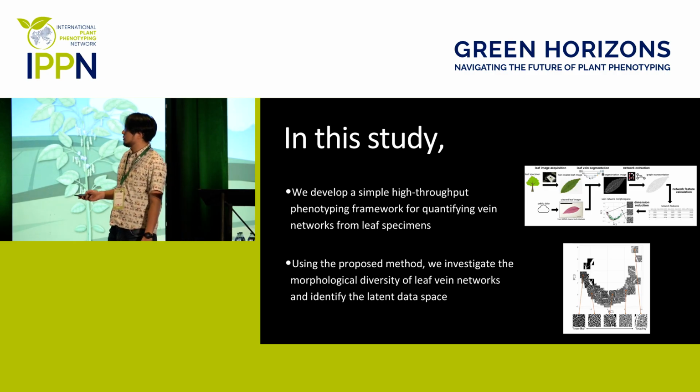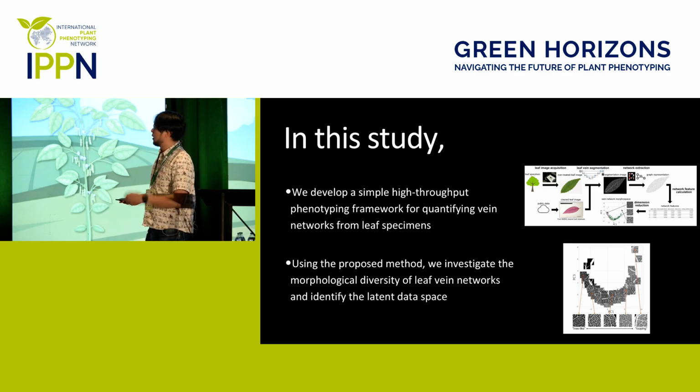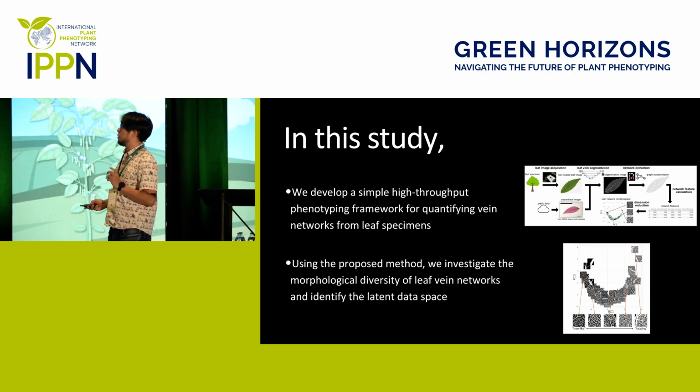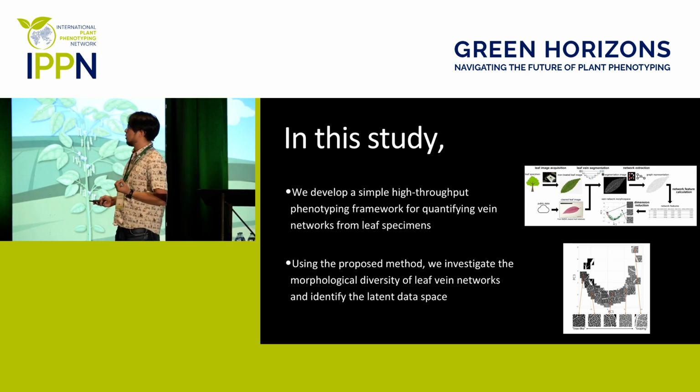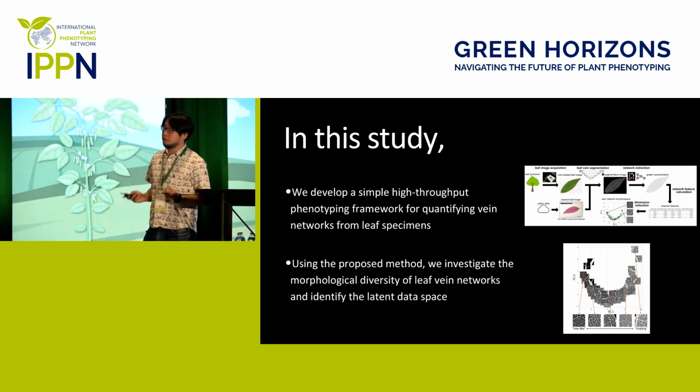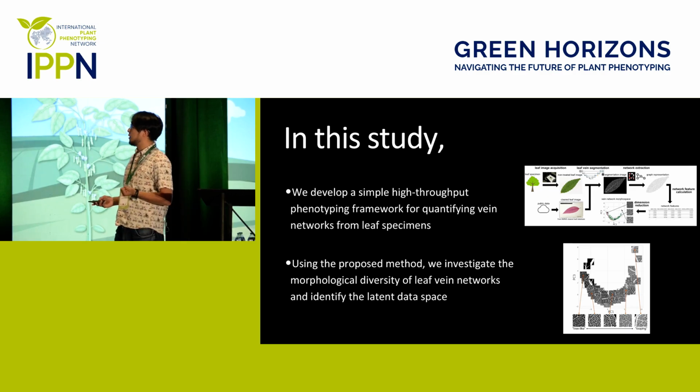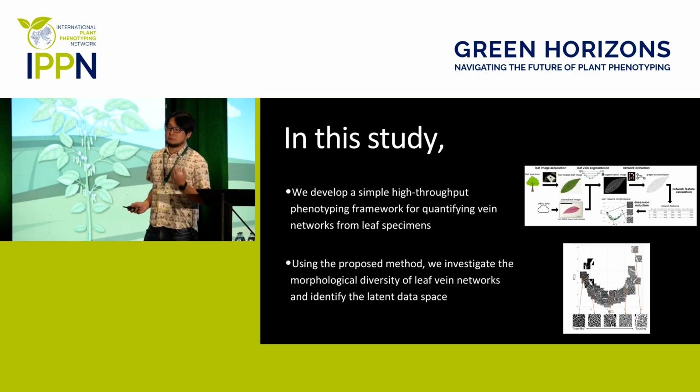Then by using this method, we investigated the morphological diversity and several constraints of the leaf venation network. And finally, we identified the latent space of the leaf venation pattern.